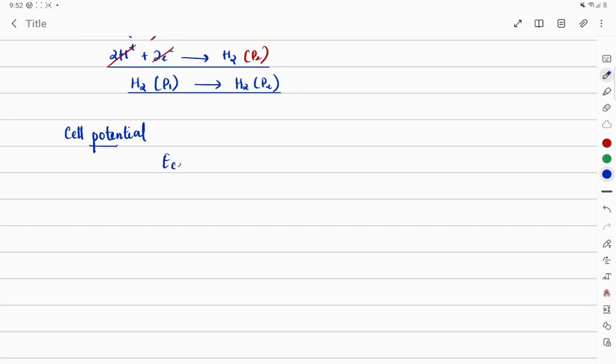We'll use the Nernst equation. E cell is E0 cell minus 0.0591 by n log Q. I'm writing this equation again and again so that it is very familiar for you. You don't make mistakes in this simple equation.